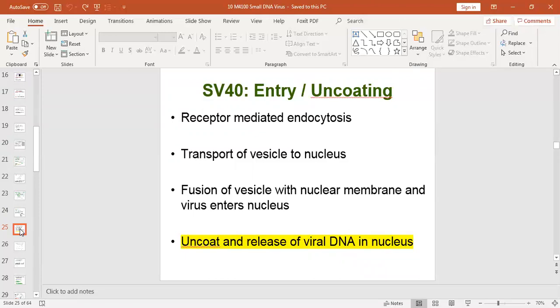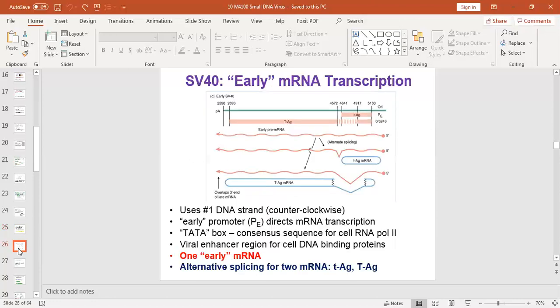And uncoating, which is separation of the viral capsid and genome and release of viral DNA, occurs in the host cell nucleus.